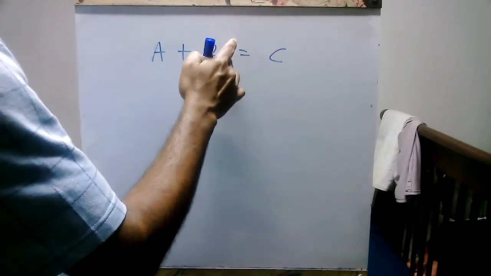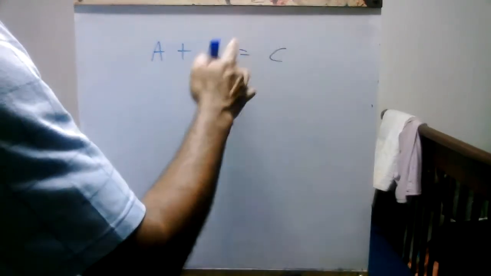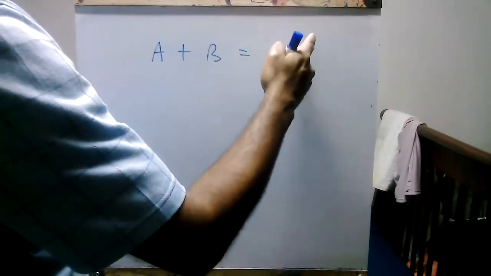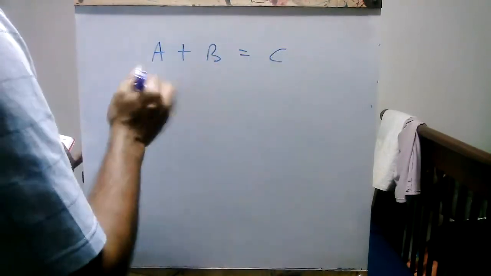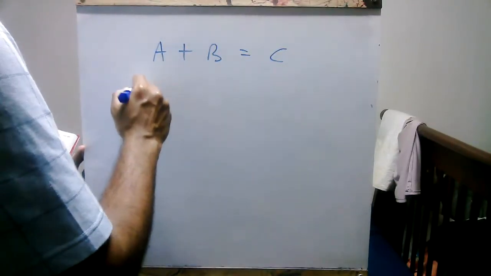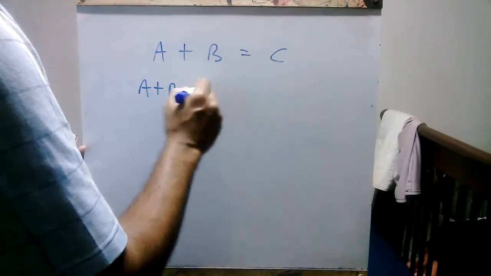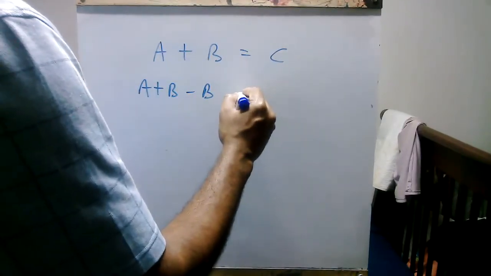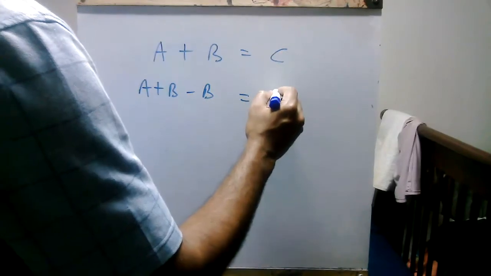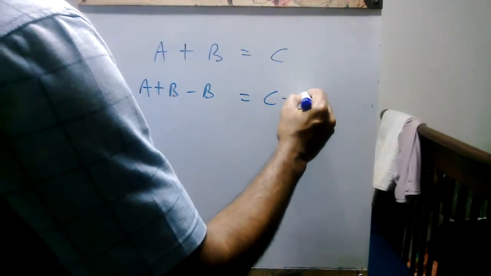If you're writing left of the letter b, you have to write the same thing on the left of this element. A plus b, we minus b, equal to c minus b.